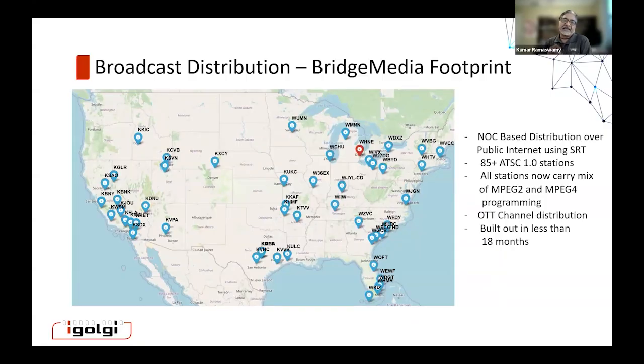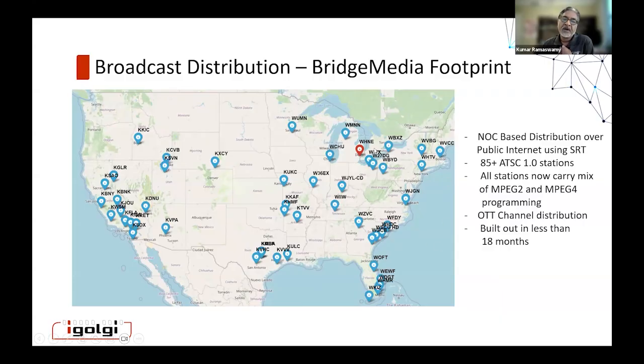What we have done as an example, we created for a low power television provider called Bridge Media. They are based in Farmington Hills, Detroit. And at their broadcast center, it's an NOC-based broadcast center. They have 85 plus stations across the country, a mix of ATSC low power, Class A and full power television stations.